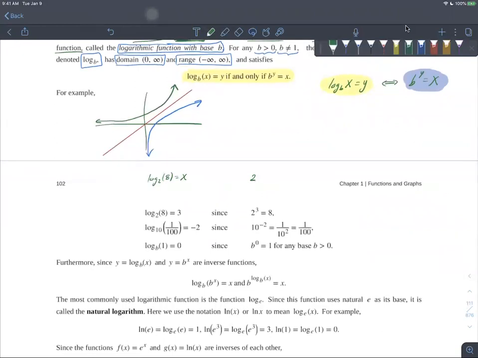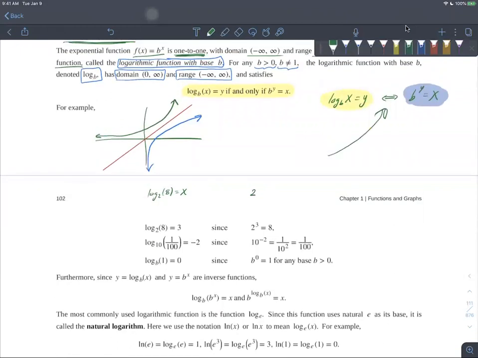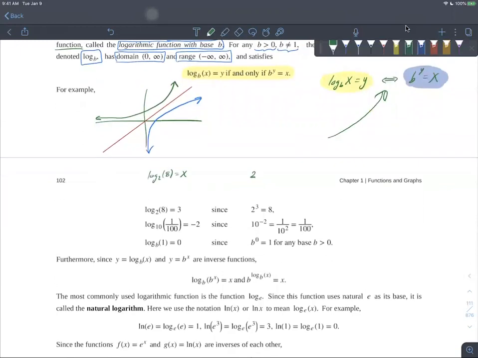So we're going to say the log base 2 of 8 is equal to x. Using the equivalence given on the previous page, we can write this as 2 to the x equals 8. And essentially what we're asking here is 2 raised to what exponent is 8? And we all know that that exponent is 3. 2 to the third is 8. So that means that the log base 2 of 8 is 3.